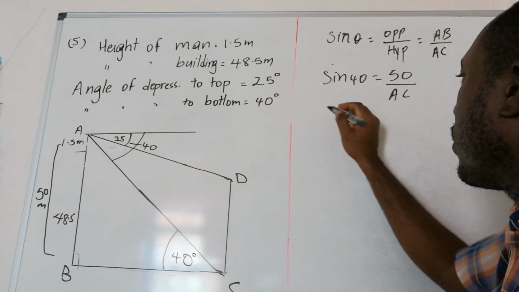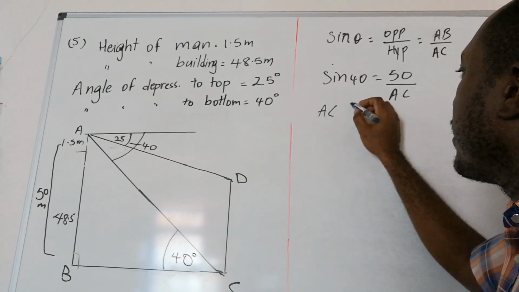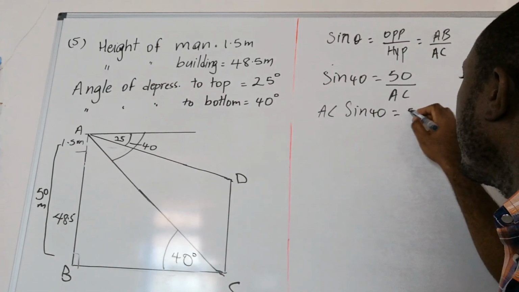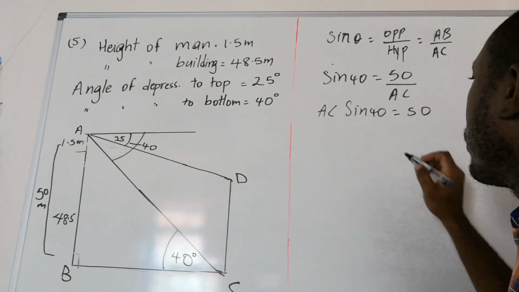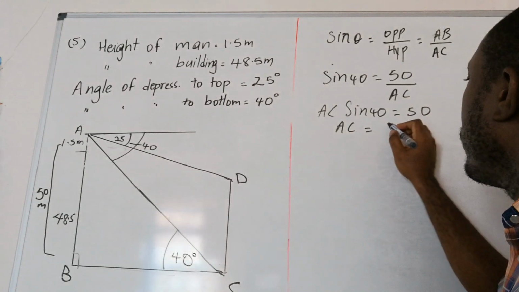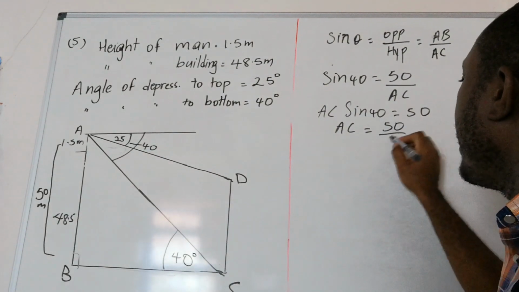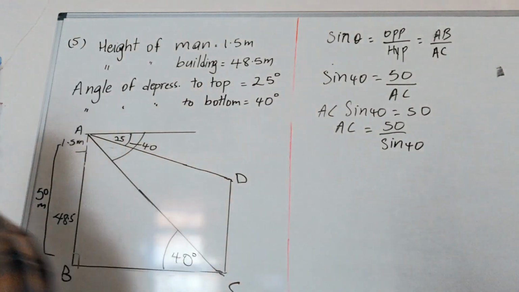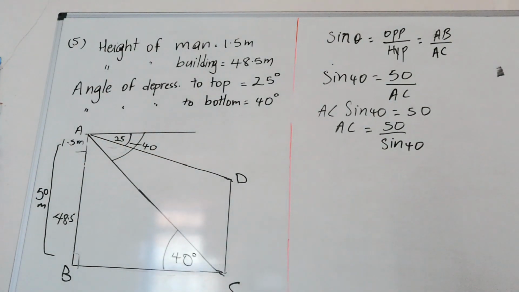So AC times sine 40 is equal to 50. Therefore, AC is equal to 50 divided by sine 40. So work that out on your calculators and see what you will have.